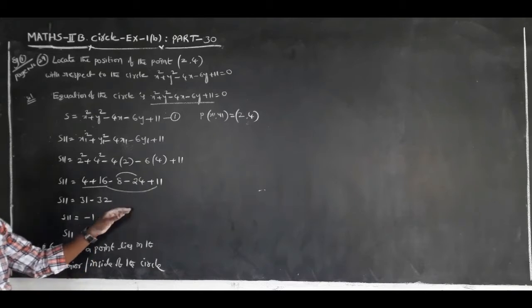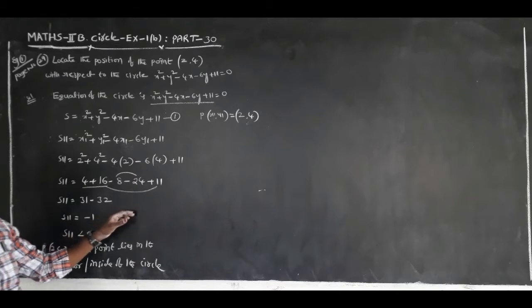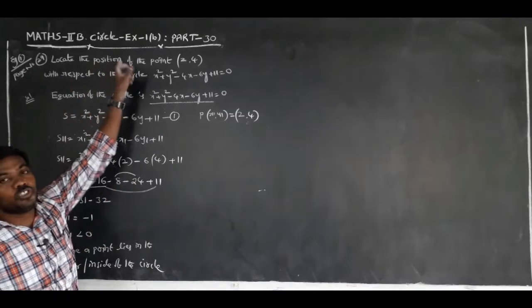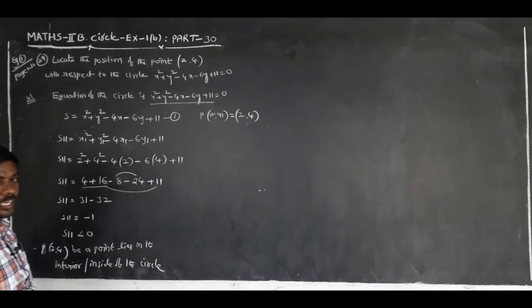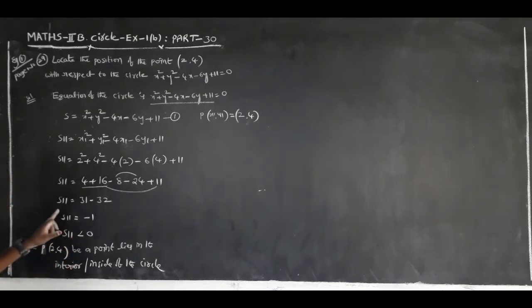This is the process for locating the position of a point with respect to a circle. First of all, we find the S11 value.